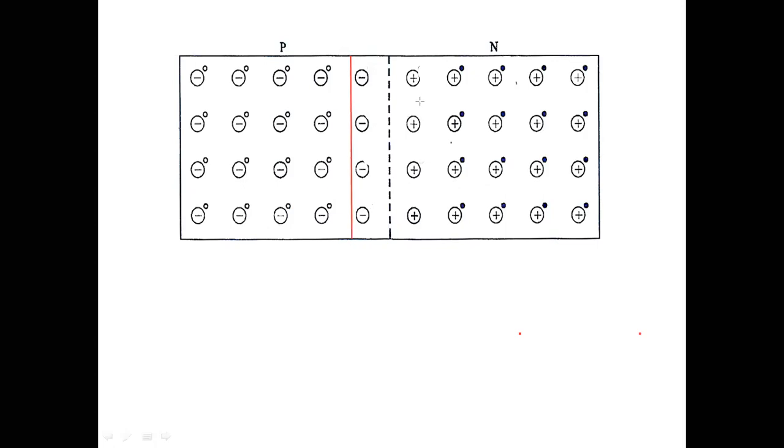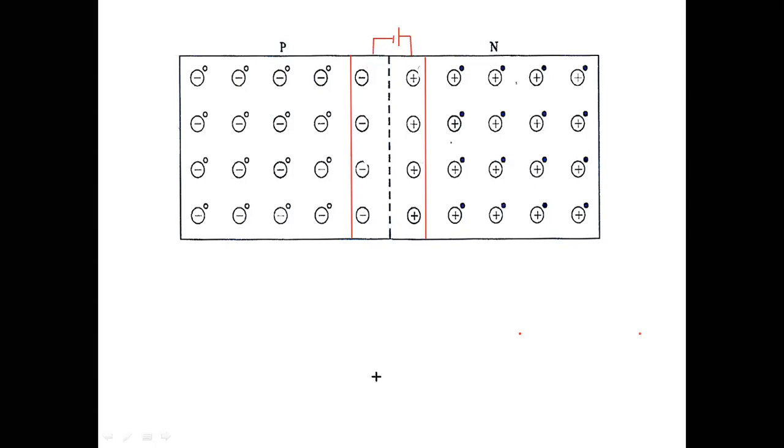Keep in mind that there is a positive charge accumulated here and a negative charge accumulated here. So this is my electric field, similar to a PN junction diode.